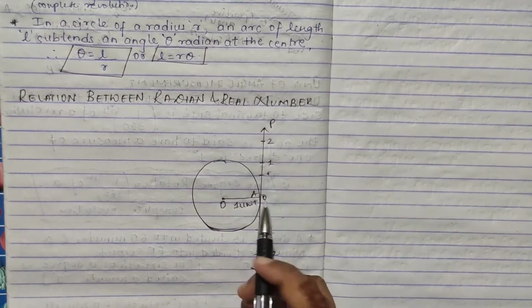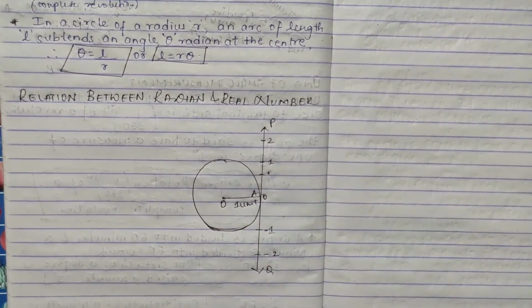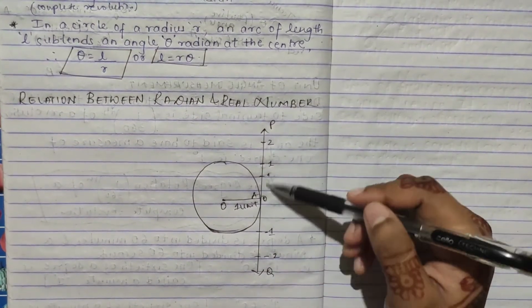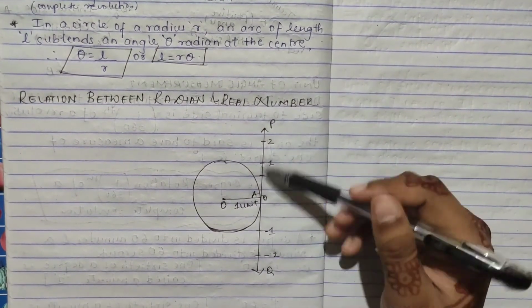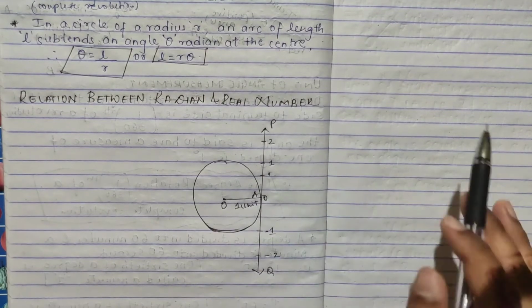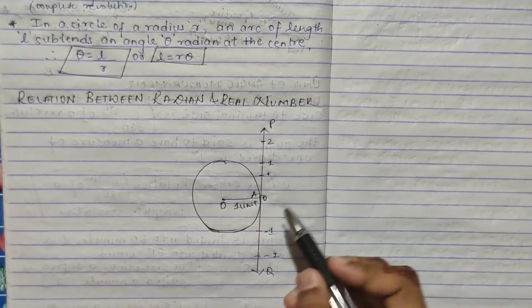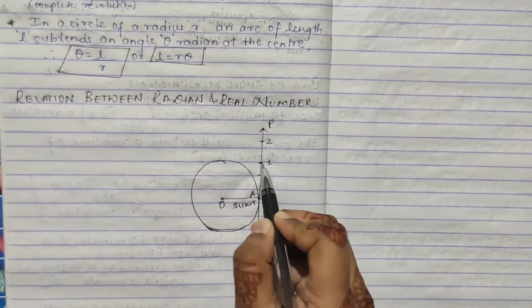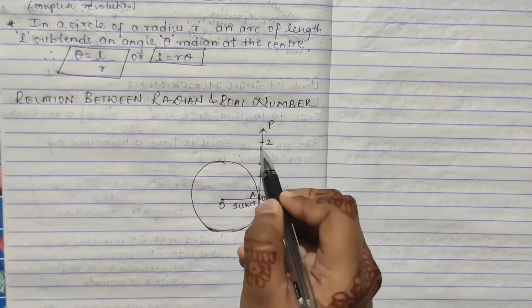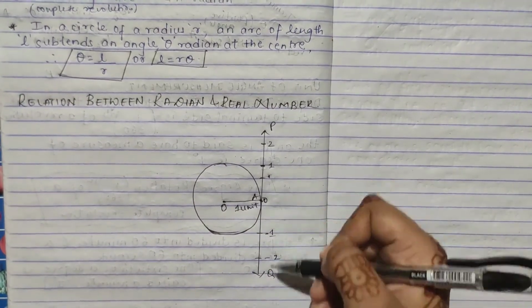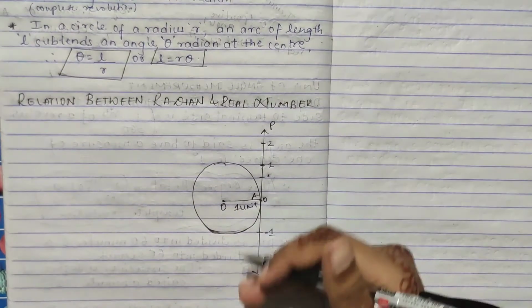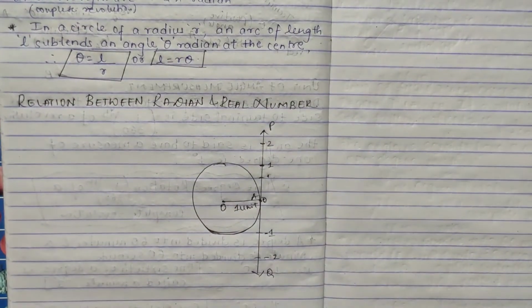Suppose this is a circle of 1 unit and you have drawn a tangent, or you can say you have kept a thread and done a marking. This is 0, this is 1, this is 2, and downside it will be -1, -2, negative and positive. So you have done the marking.